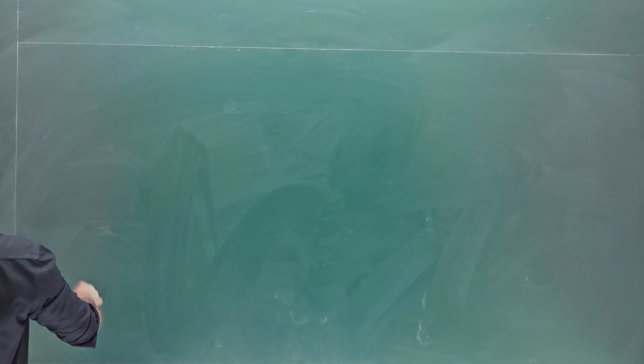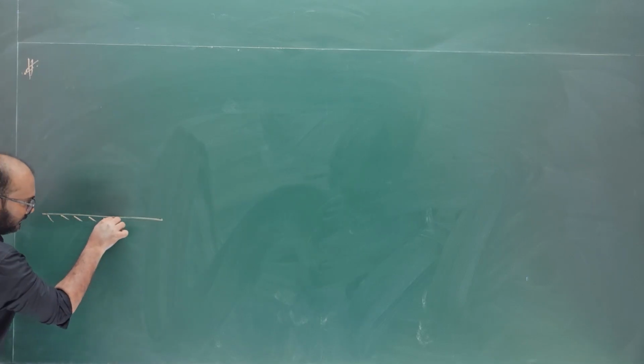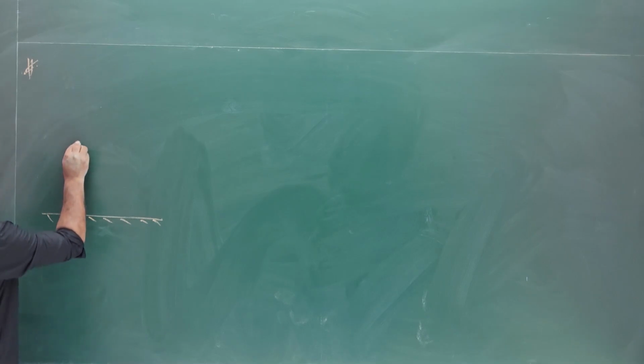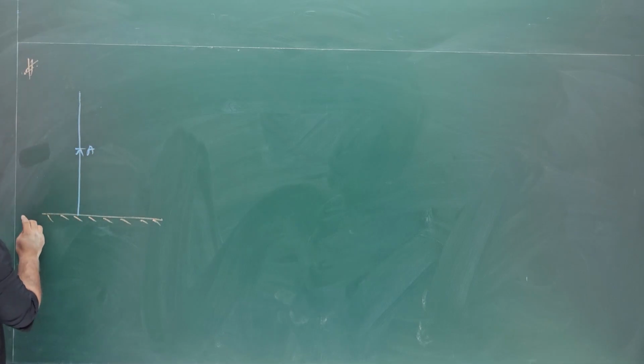Okay, now listen to me again. In the previous example, we got a time like this. So while ascending, at point A, let this point be A, we got time equal to 2 seconds. Yes.